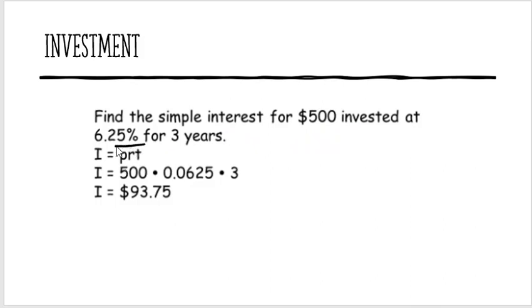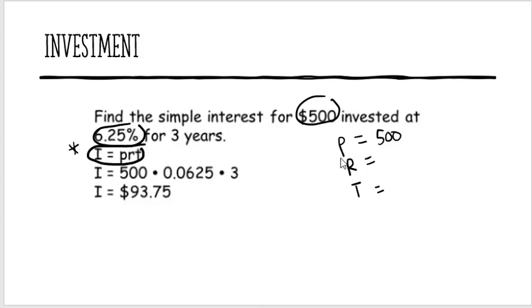Okay, remember your formula for simple interest is I equals P times R times T. So in order to use this formula, we need to identify our P, our R, and our T. So the principal, that is the initial amount either borrowed or invested. So that is going to be $500. That is our principal. Okay? The rate is 6.25%.